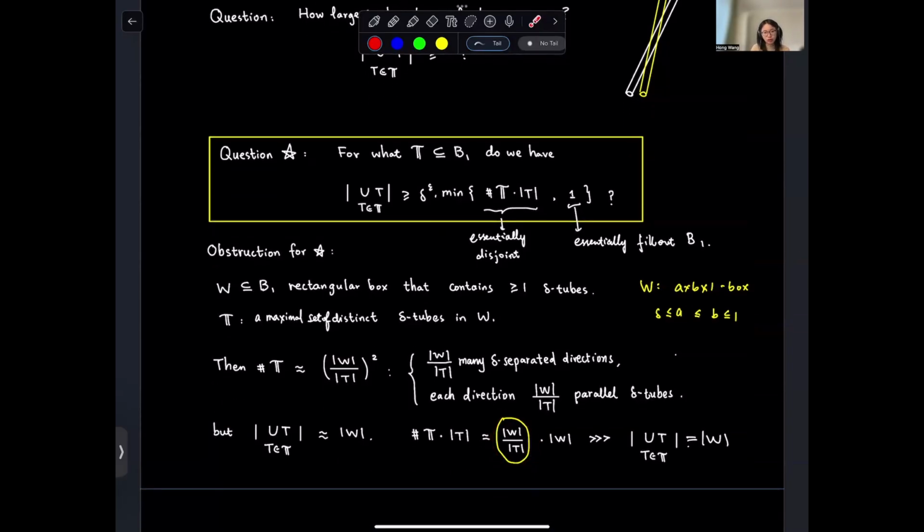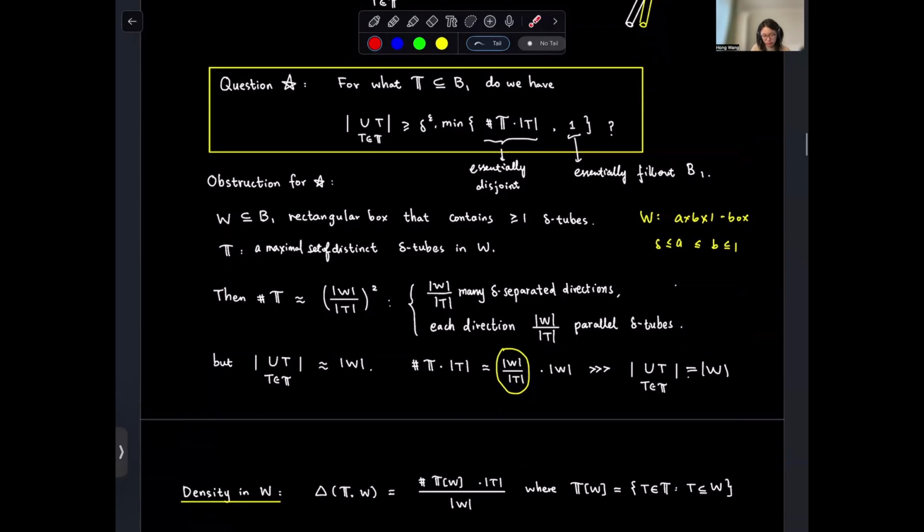So this abstraction motivates us to define the following quantity: the density of tubes in T, in W. The density is the number of tubes contained in W times the volume of a tube divided by the volume of W.